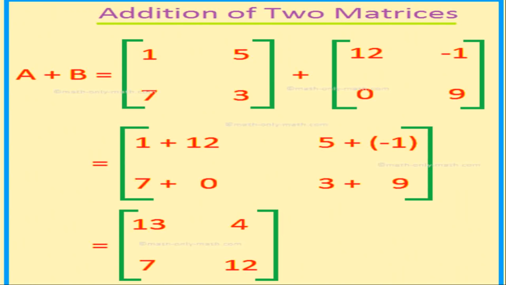In this program, we will take an A matrix and a B matrix, and we're going to add them and store that in a matrix called C. So addition of matrices is very simple. We add the first element in this matrix and the first element in that matrix, and so on.